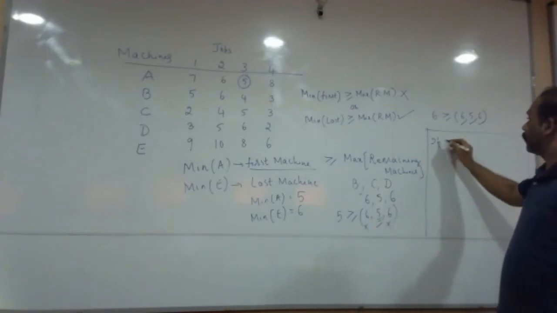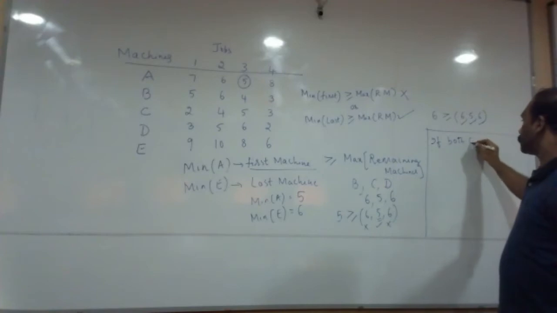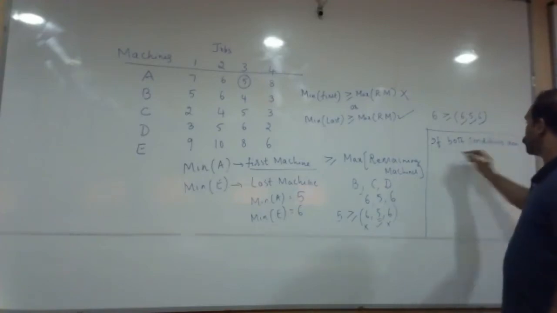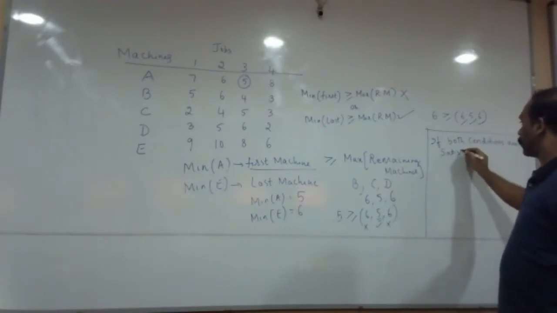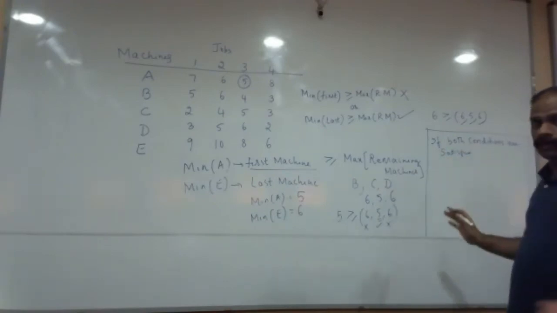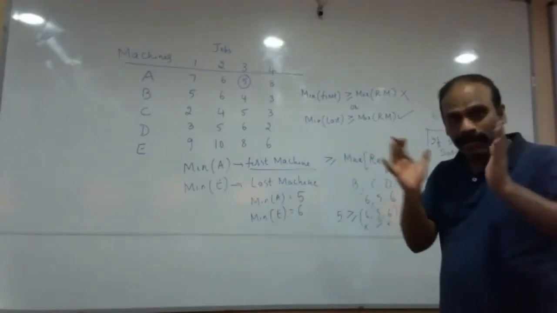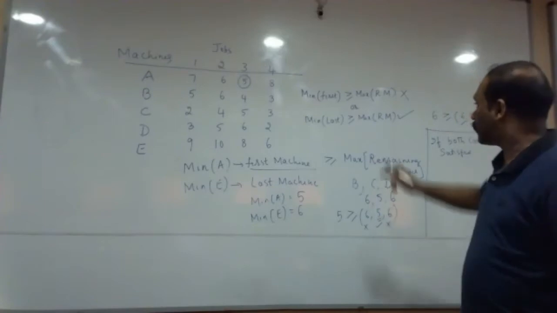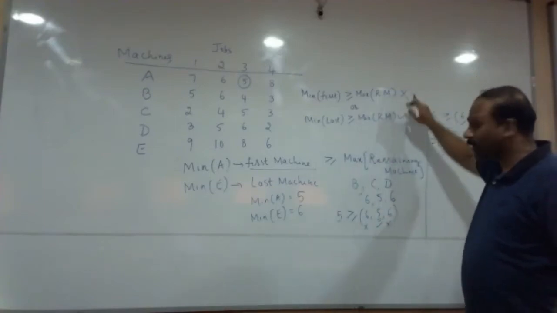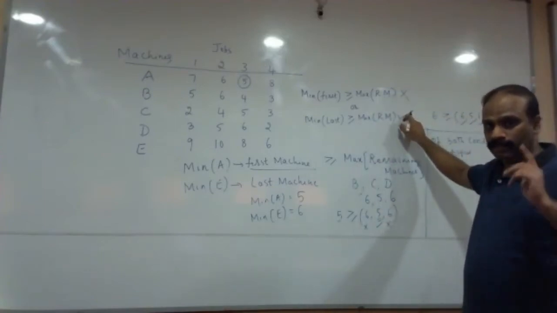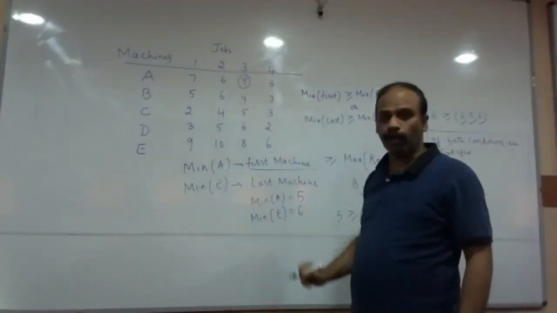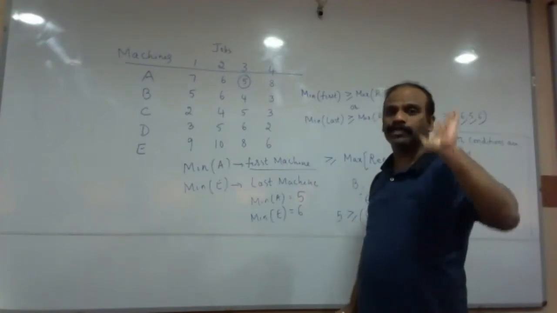If both the conditions are satisfied, then the problem can be directly reduced. That is, the 5 machine problem can be directly reduced to a 2 machine problem.